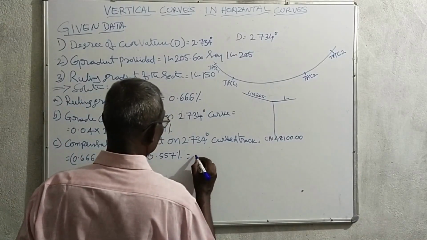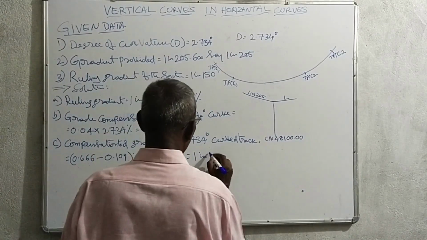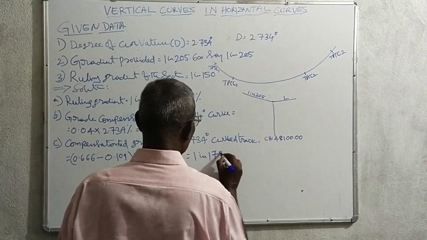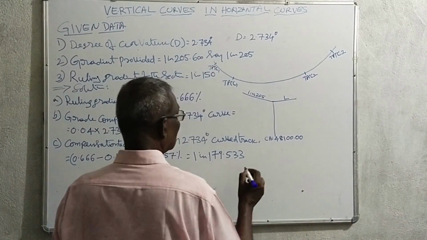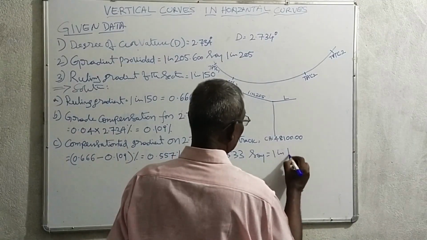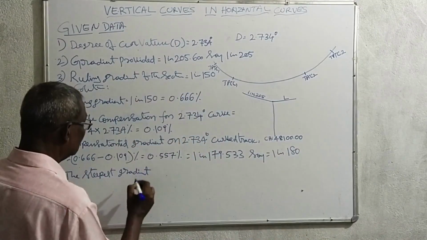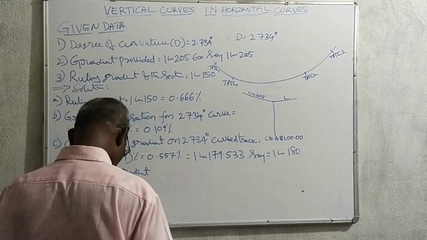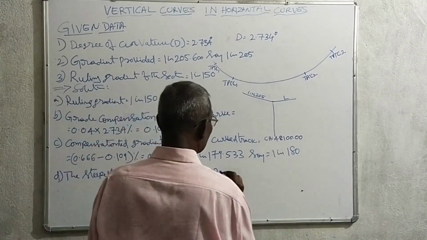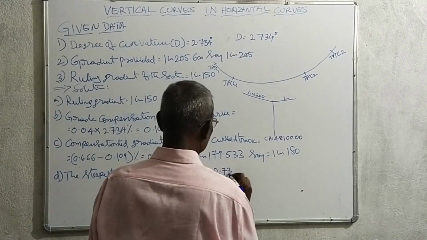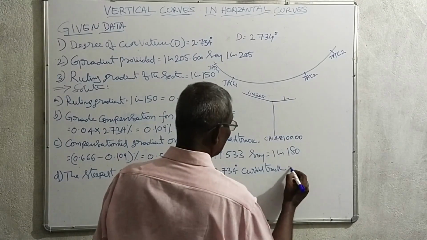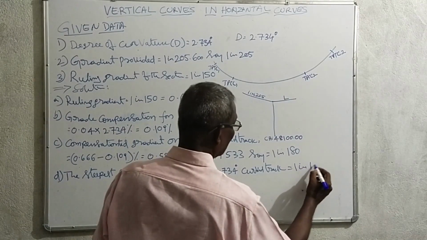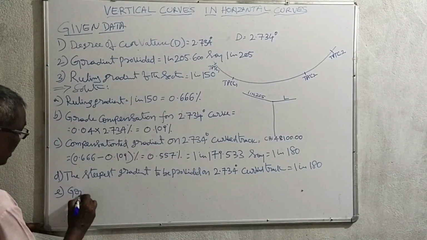That is equal to 1 in 179.533. Say 1 in 180 gradient. The steepest gradient to be provided on a 2.734 degree curve track is equal to 1 in 180 gradient.